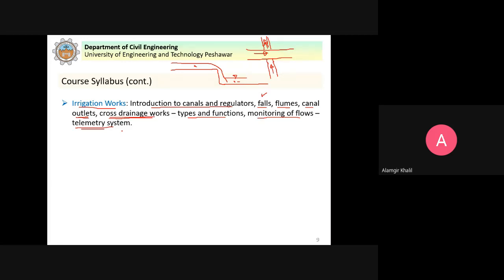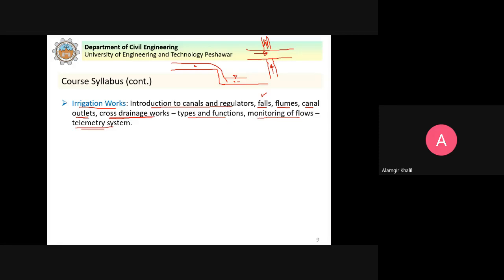That's why these rating curves, which you studied in hydrology, are very important. So we can have automatic gauges that can record the depth of water, and then that is transmitted to the remote control rooms where the data is analyzed and stored.